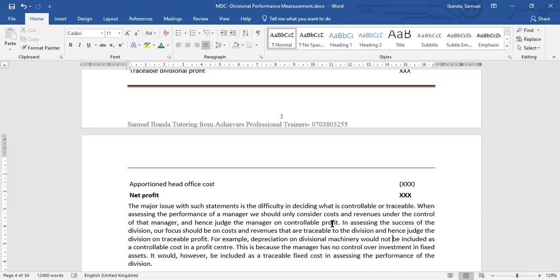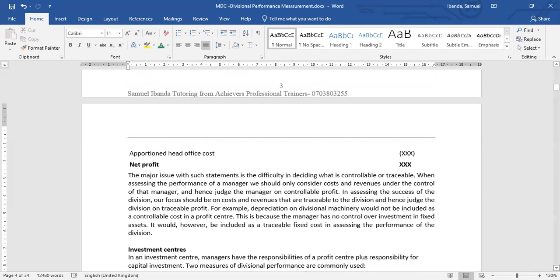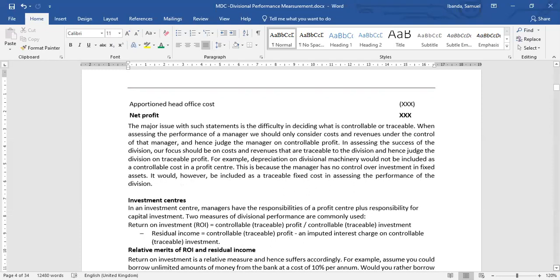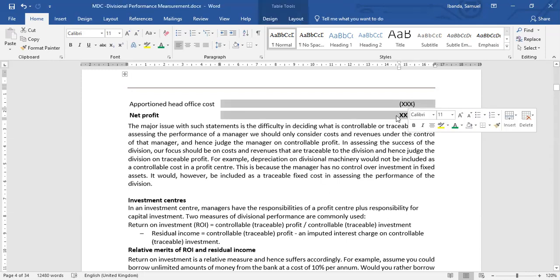And then also being able to understand what the manager has control over and what is traceable to the division. Sometimes we might have some challenges in making such kind of judgments, but that should give us what exactly we should do. So that is how we evaluate a manager and a division under the profit center.